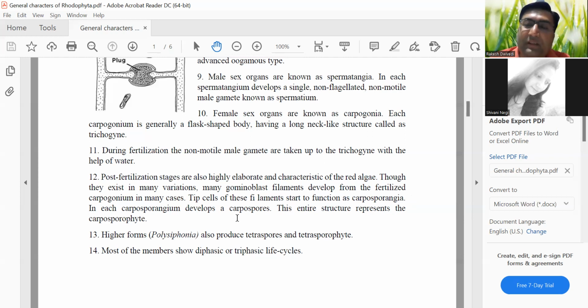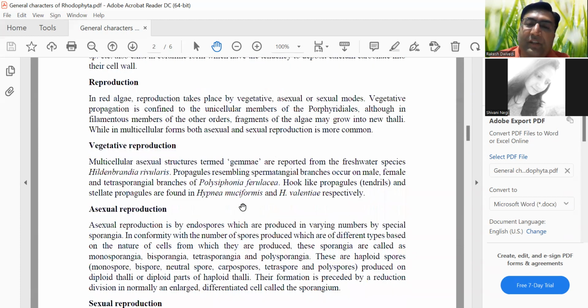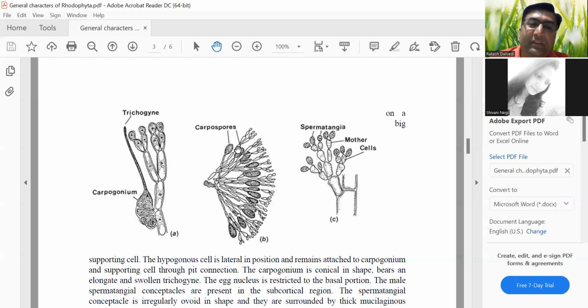This carpospore further germinates either into a gametophytic phase or it may develop into the tetrasporophytic phase.